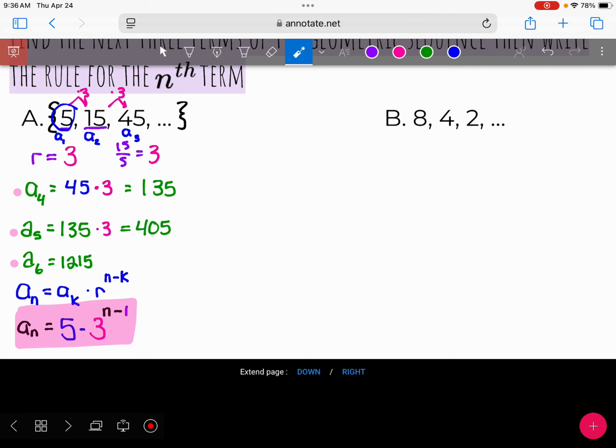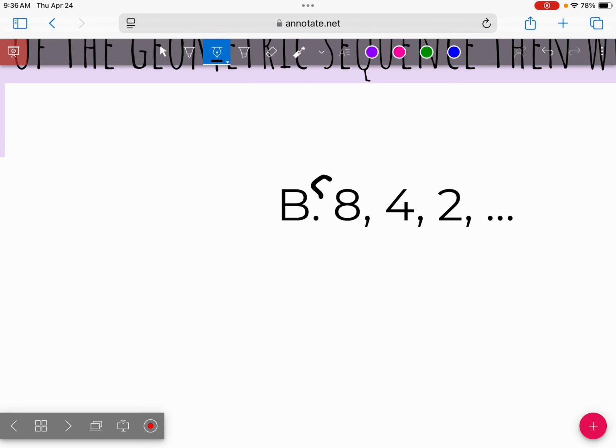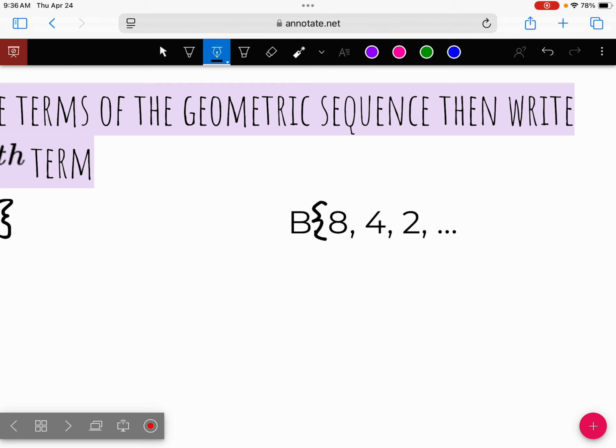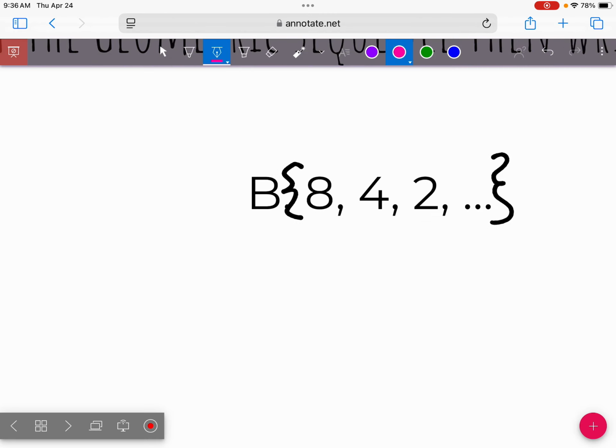Okay, let's look at B, same kind of vibe. We need to figure out how it's changing between the pieces. We need to find that common ratio. What are we gonna do? 1/2. Yeah.